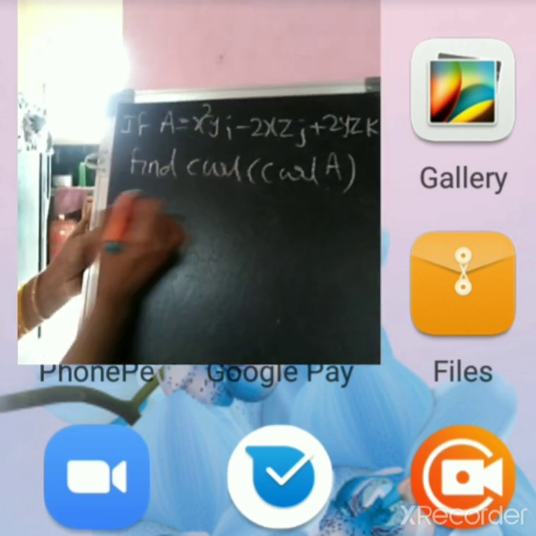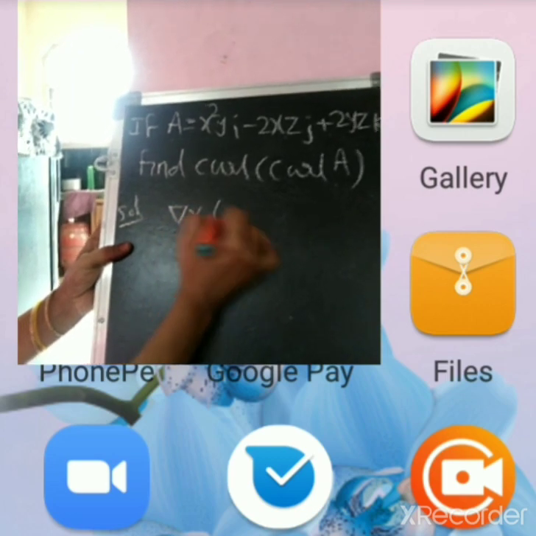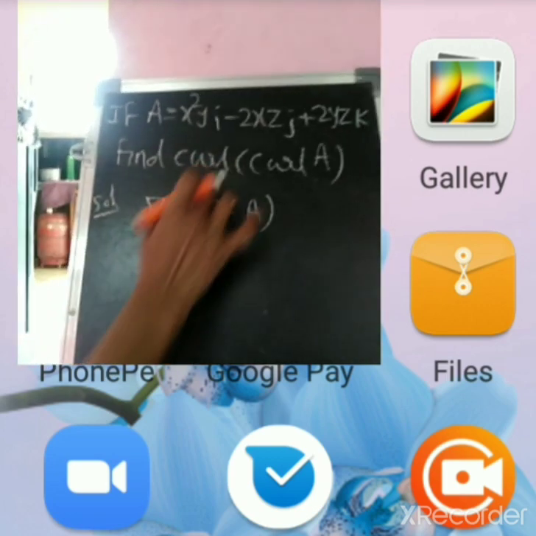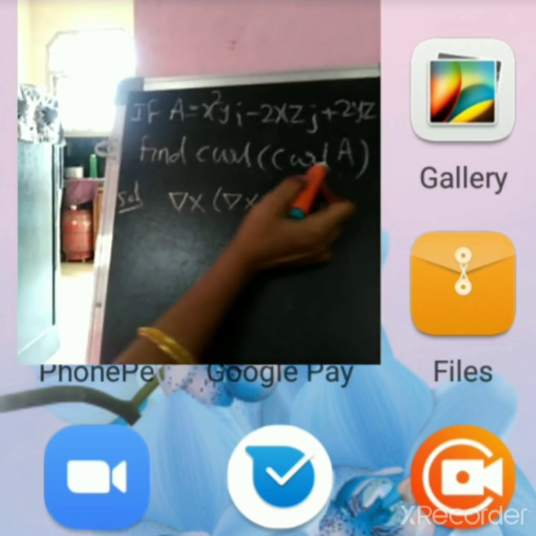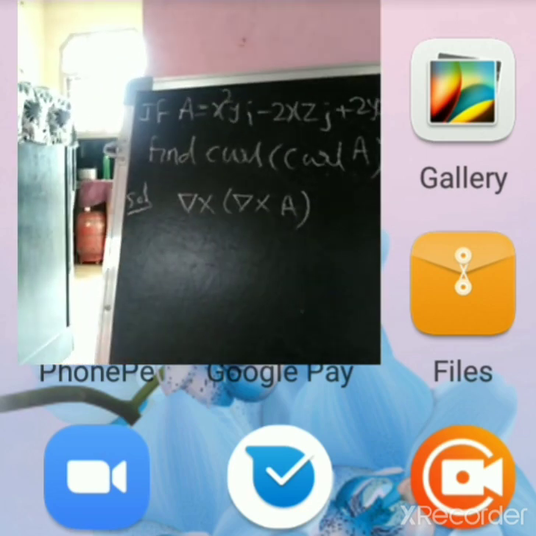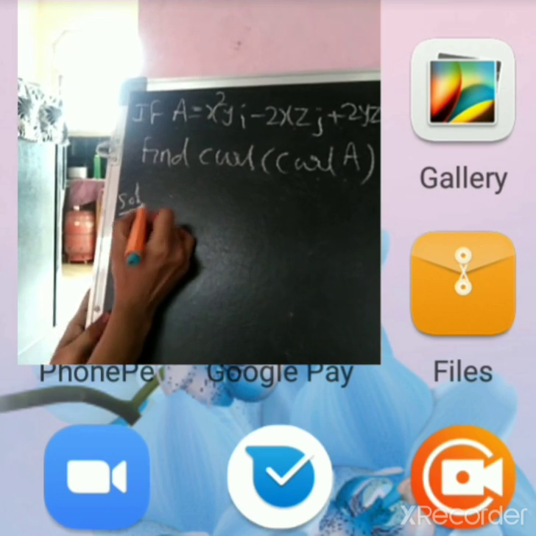So curl A we can write as del cross A. First we can find the curl value, then we can apply curl again. So we can solve the problem. So first, the solution.